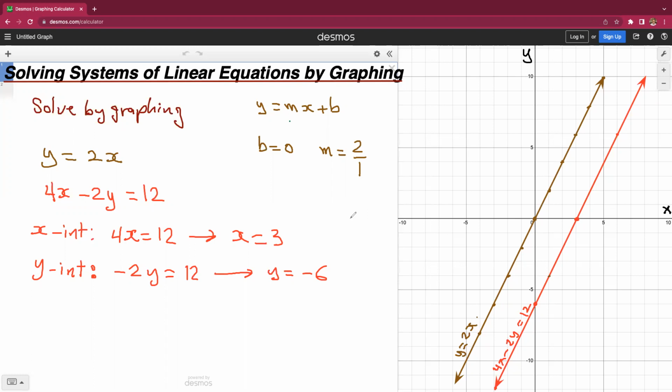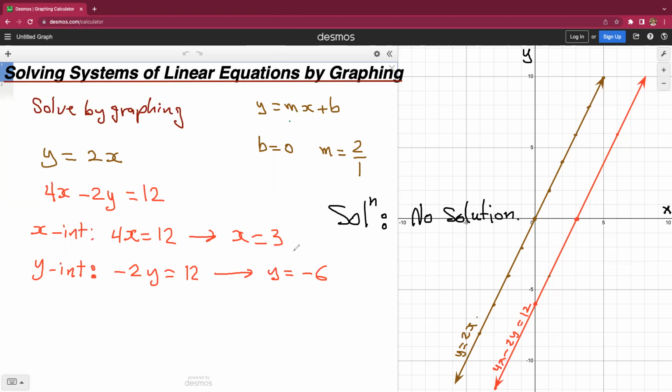And if you have parallel lines with the same slope, they will never meet, unless they're right on top of one another, and then they'll always meet, and we call that an infinite number of solutions. But when they have different y-intercepts and they're parallel, then the solution will be no solution because they never meet.